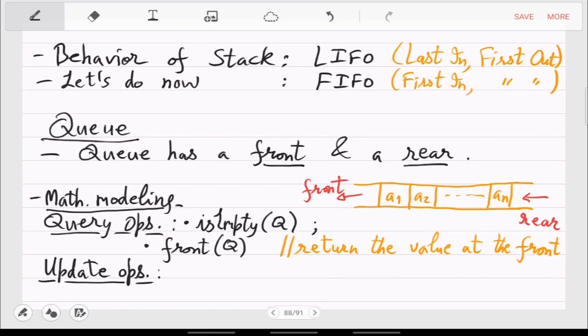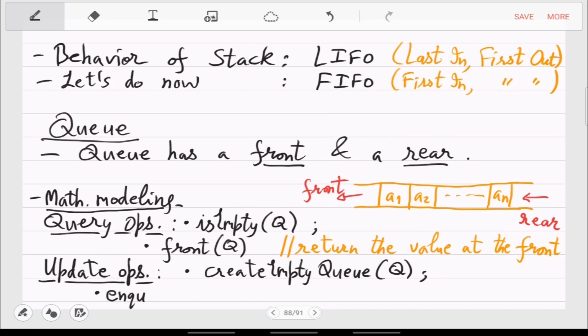So when you access, the only function implemented is front. Update operation is the usual one, which is create empty queue. This is the initialization step, and more interesting is enqueue, enqueue X in queue.